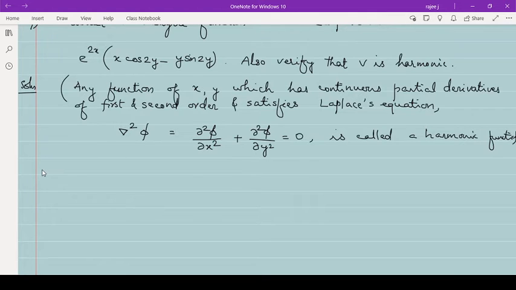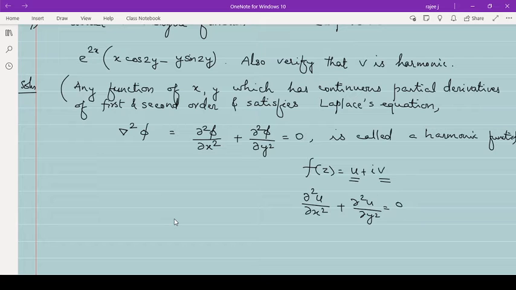So when f of z equals u plus iv is an analytic function, then if u and v, or if f as a whole, satisfies the Laplace equation, you can say f is a harmonic function. Here we need to verify that v is harmonic. Both u and v will be harmonic, so you can write dou square u by dou x square plus dou square u by dou y square equals 0.